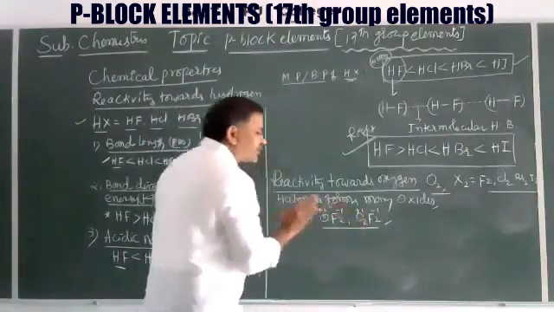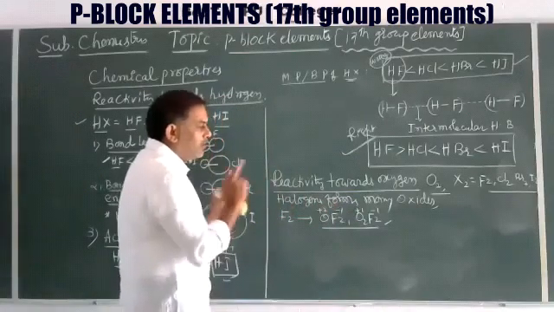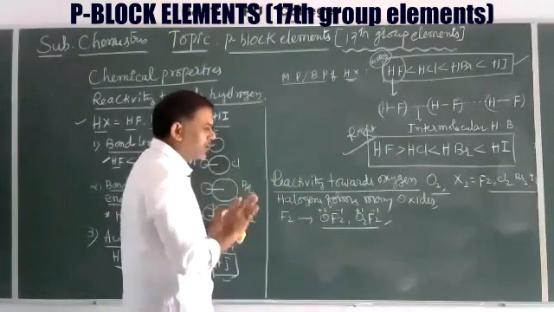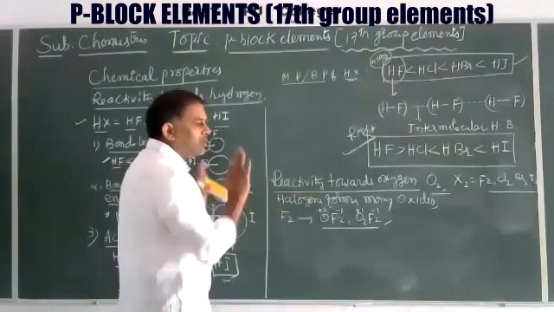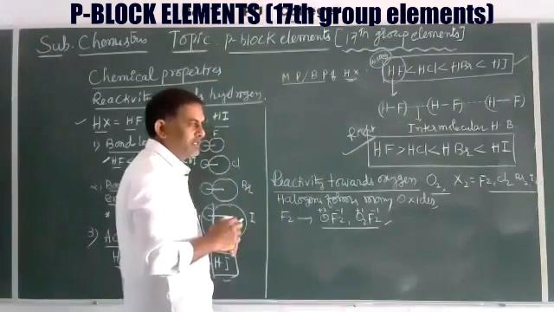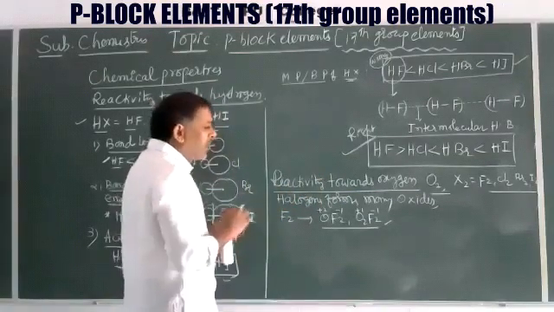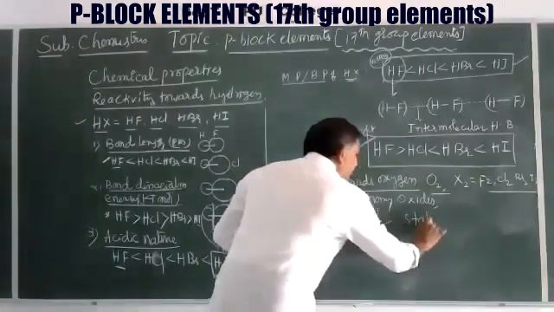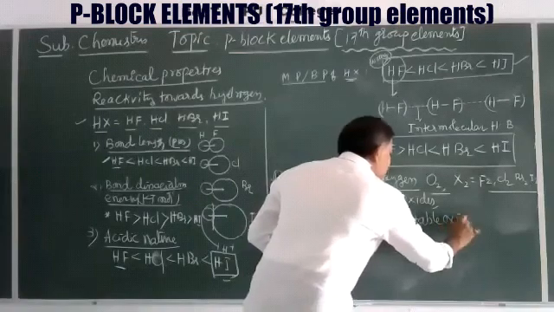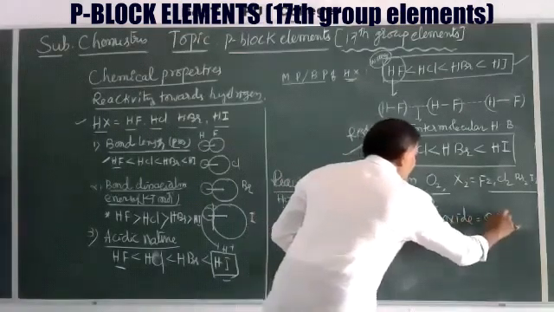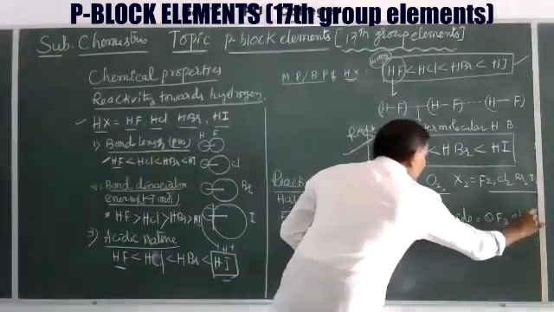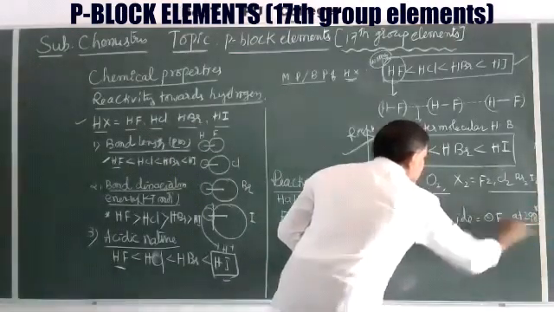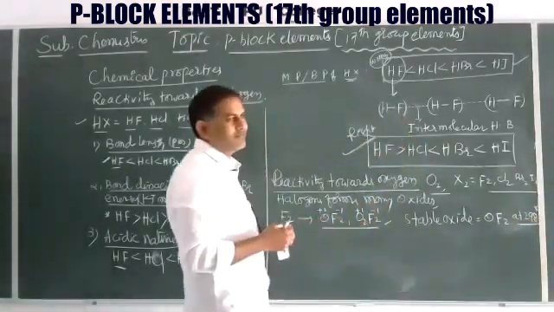Whereas fluorine shows only one oxidation state, that is -1, a negative oxidation state. Among these, the stable oxide is OF2 at 298 kelvin.